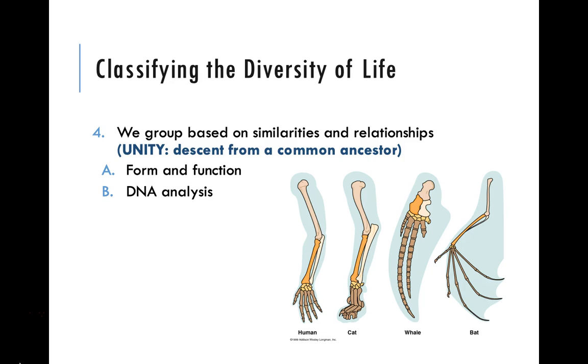And then using DNA analysis, you can look at the DNA sequences of these organisms and pick out similarities. And so again, just like similarity in structure, the more similar the structure is, the more closely related the organism probably is. And then you can also look at DNA and say, hey, we've got this gene that is very, very similar in these 2 different organisms, and therefore they must be more closely related.